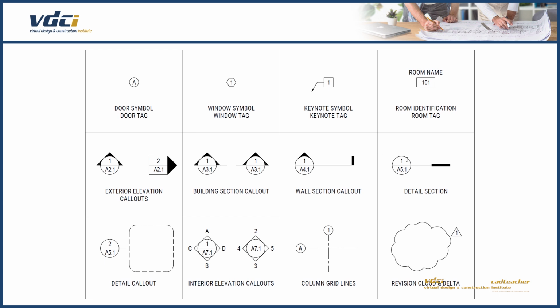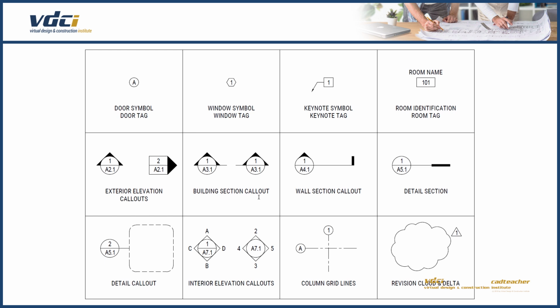Sometimes we will have details. So these would be blow-ups of certain things. Where I have this thicker line, that would say the detail section is cut through here, but to see that particular detail, go look at image 1 on page A5.1 to see the detail that's cut through here.